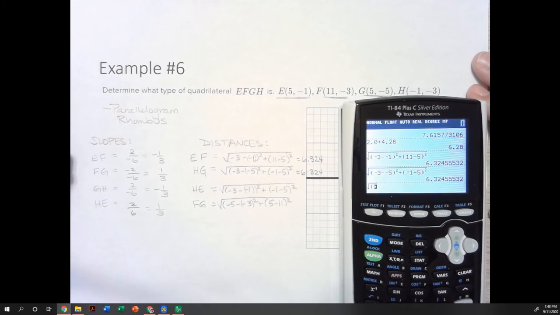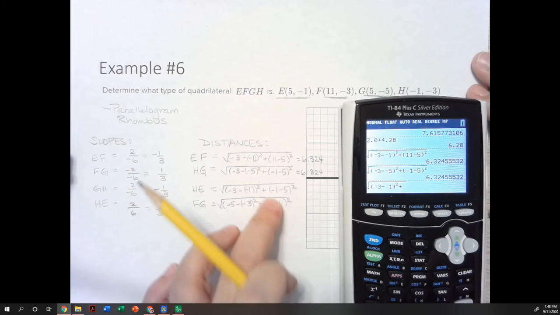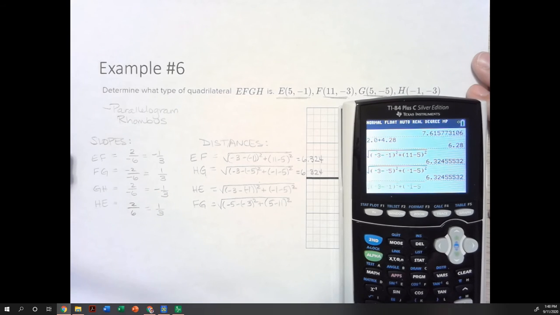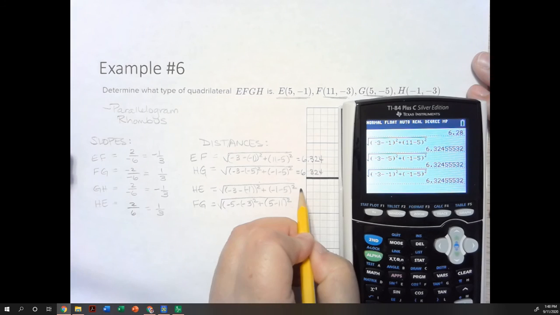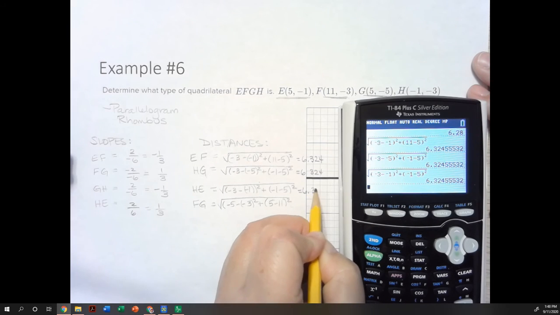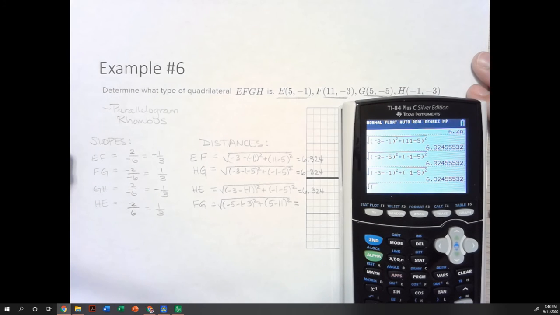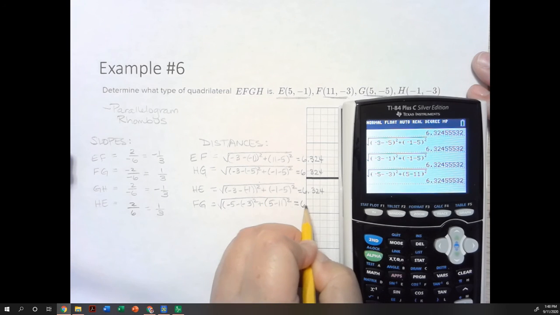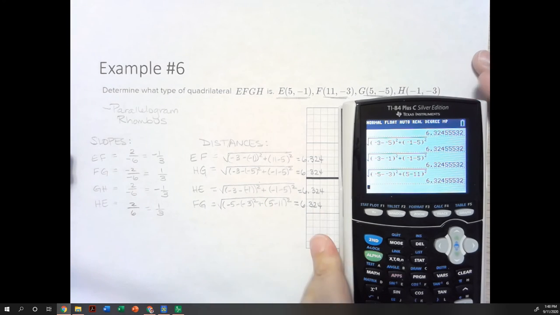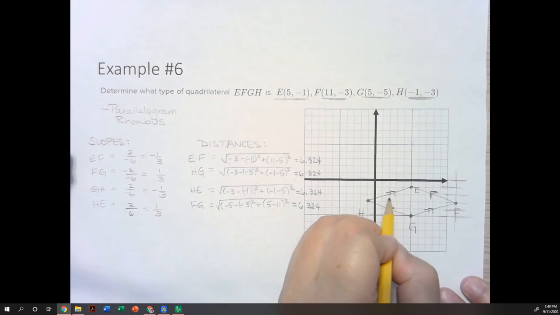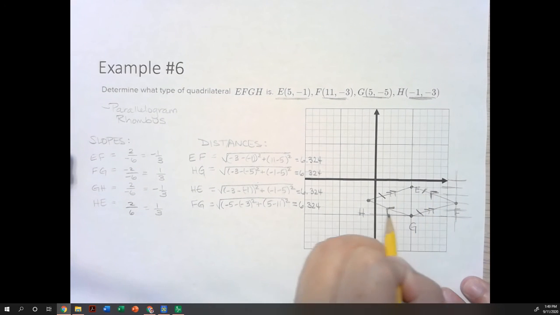Square root, parentheses, -3 minus -1 squared plus -1 minus 5 squared. Again, good sign that I'm in the right direction of having a rhombus. Parentheses, -5 minus -3 squared plus 5 minus 11 squared. Again, 6.324. Okay, so I have in fact confirmed that all my sides are equal.